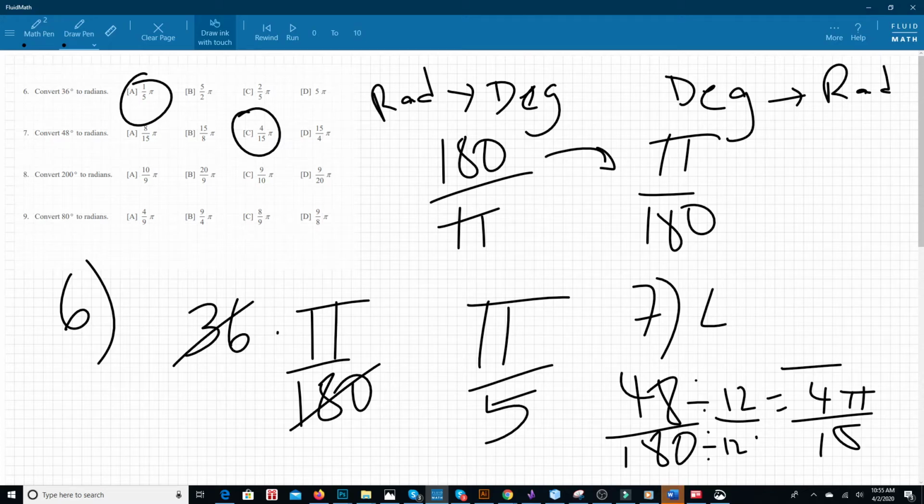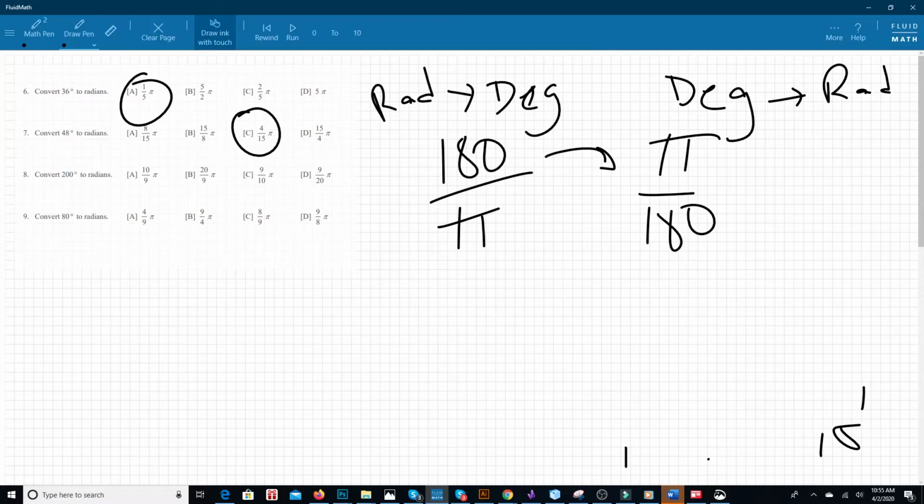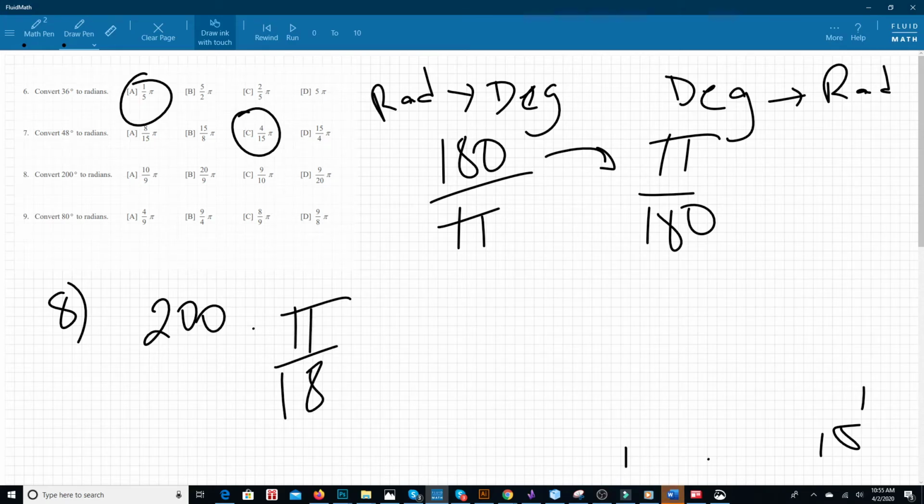Next one says convert 200. Let's do 8. 8 says you want to be able to convert 200 degrees by multiplying by pi over 180. Now, I need to see what's the biggest number that can go into both the numerator and denominator.